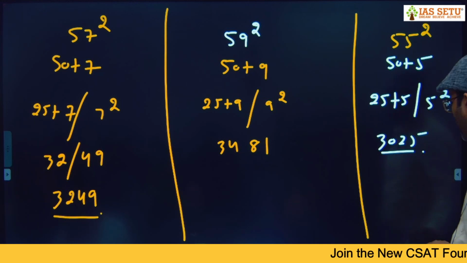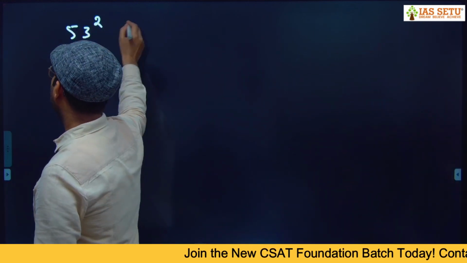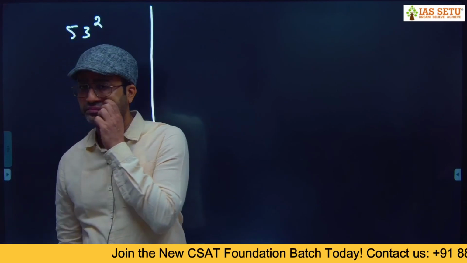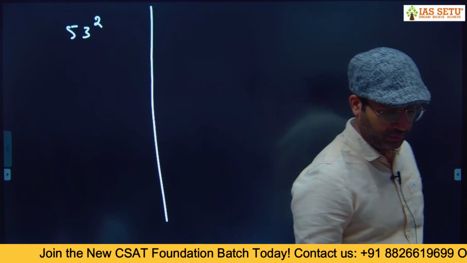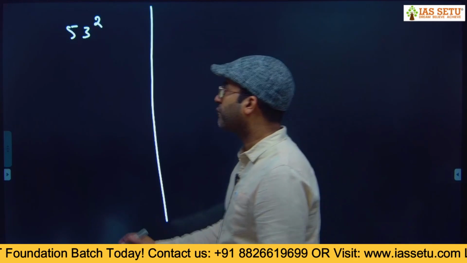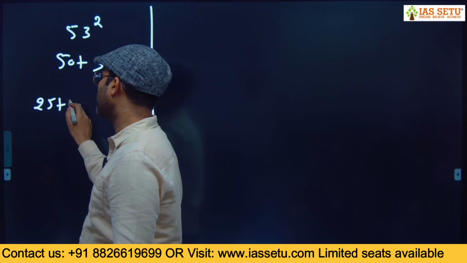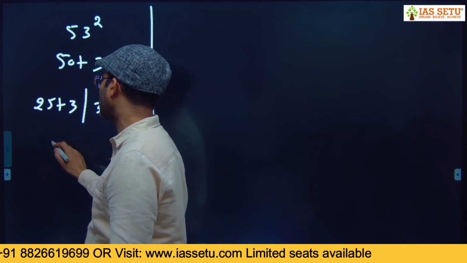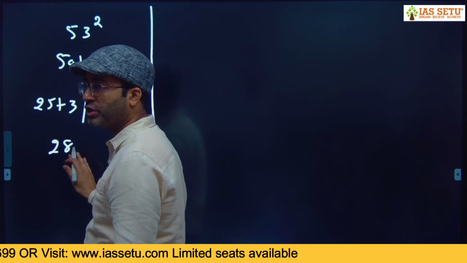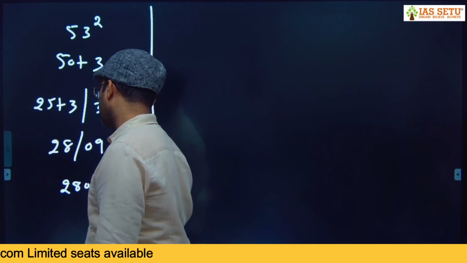Try 53 square. So now here 50 plus 3. Left side value is 25 plus 3. Right side 3 square. 28, 9 or 09? 09. So 2809.